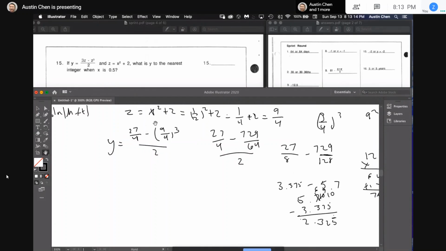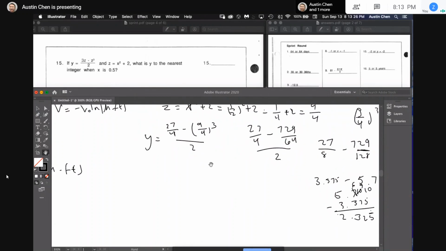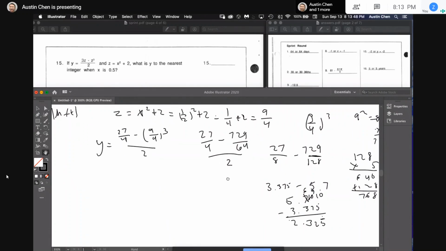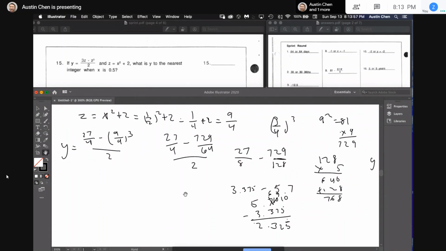Should we try approximating it as a decimal first? In this case, because we're cubing it this much, I feel like approximating by a decimal might change the result enough that it will go over and become another number. 2.3-something is not all that far from 2.5, so I'm afraid that if we approximate too early, we might go over 2.5.